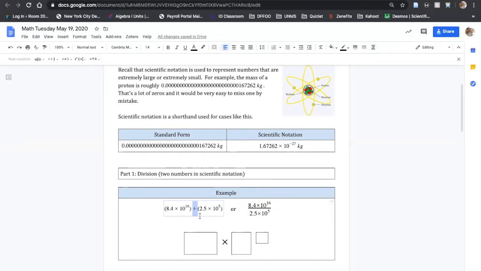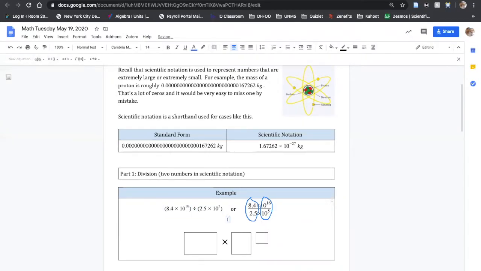So the first step, and it's actually a little bit easier to see if I'm looking at what I have on the right-hand side with that fraction, right? With the fraction, it's easy to see that I'm actually going to split this. So I'm going to do 8.4 divided by 2.5, and then 10 to the 16th divided by 10 to the 5th.